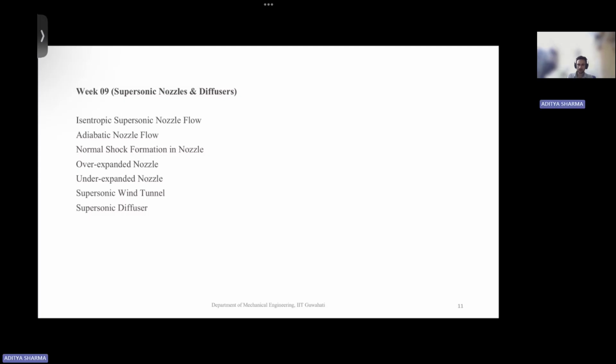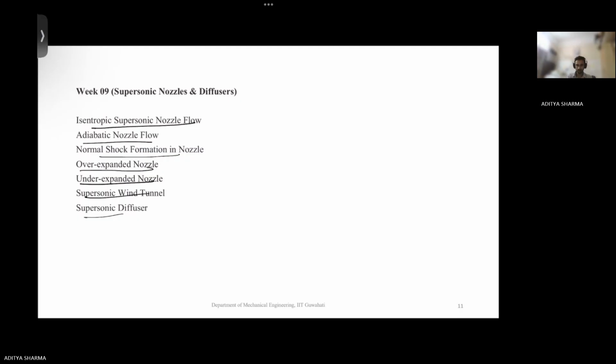Then is your week number 9. Isentropic supersonic nozzle flow, adiabatic nozzle flow, and then nozzle overexpanded, underexpanded.